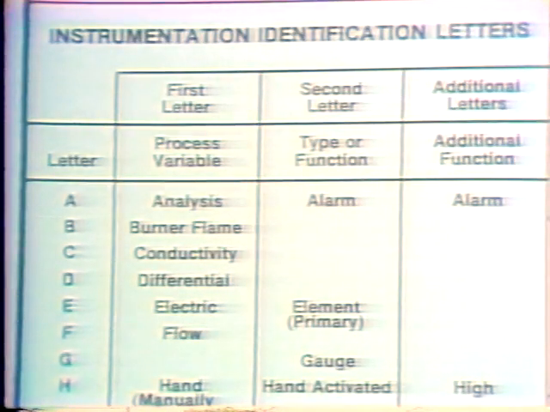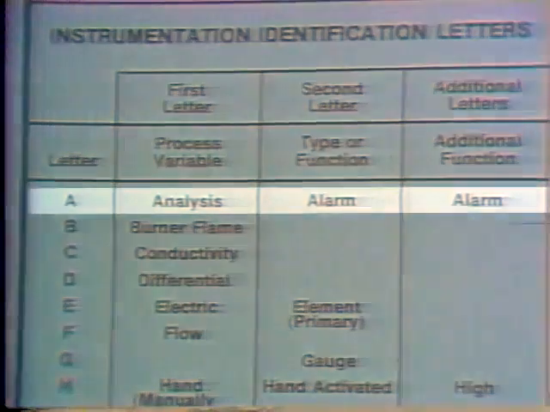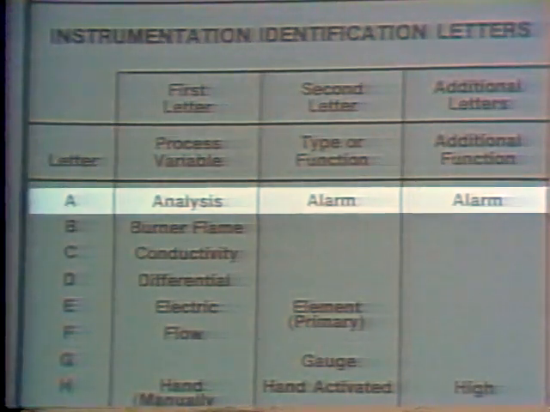A typical example of a letter that is used in either the second or third position is A, an alarm function. If this recorder has an alarm function, for example, then the letter A would be placed in the third position, making it a TRA.